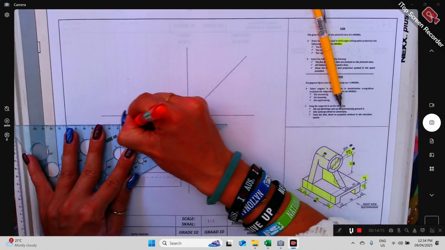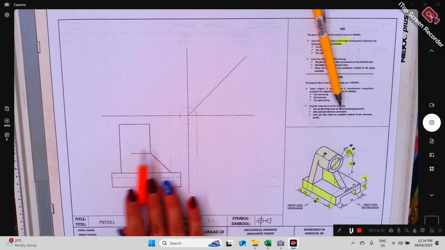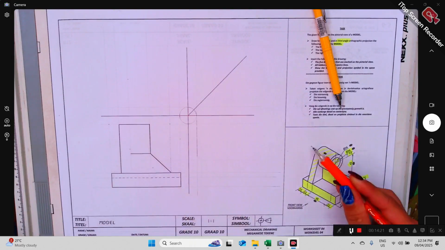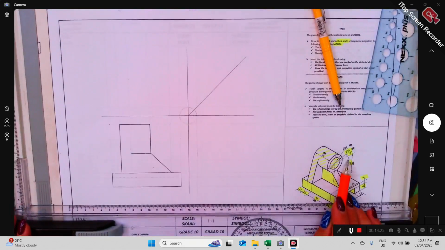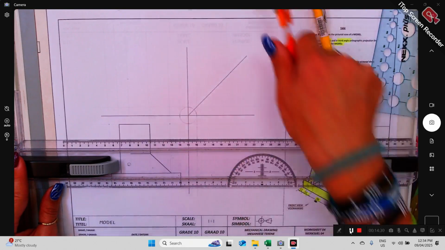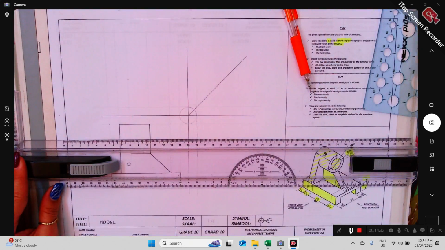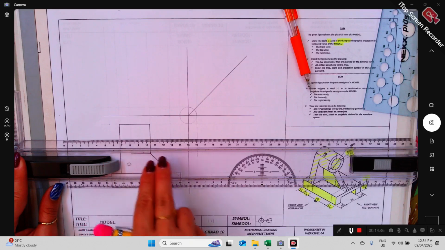Now I still need to insert my center line as well as my hidden detail lines for the hole going through the center of my cylinder. So center line, I've already marked it. It's 18 millimeters from the top. So with a B line, remember, a center line is a long dash, space, short dash, space, long dash.